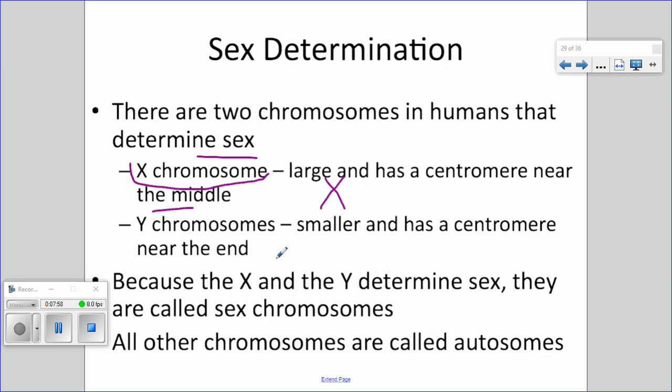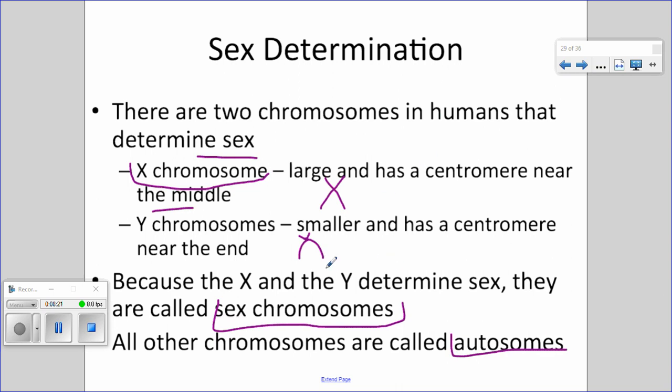The Y chromosome is smaller and has a centromere near the end, so it typically has little runty ends and a longer end. Because the X and the Y determine sex, they are called sex chromosomes. All other chromosomes are referred to as autosomes.